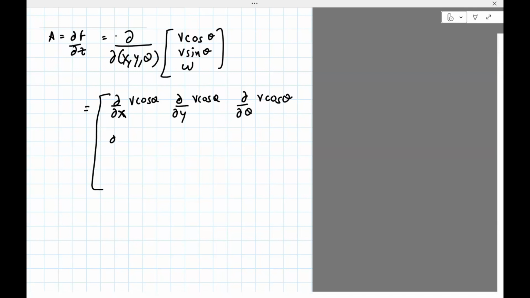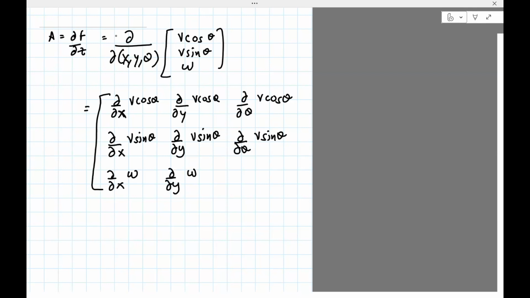We need to do the same thing for the second line: d dx of v sine theta, d dy of v sine theta, d d theta of v sine theta. And then finally, d dx of omega, d dy of omega, d d theta of omega.